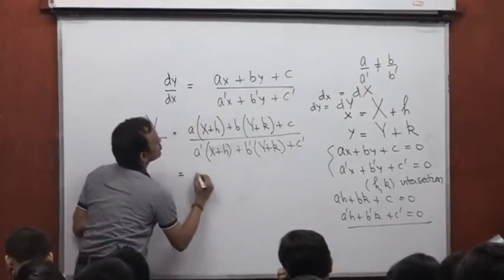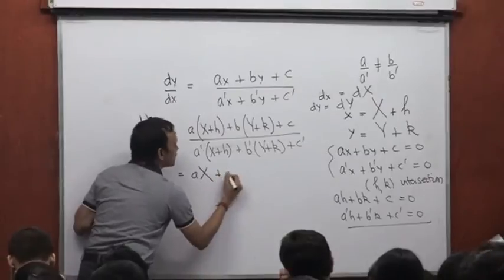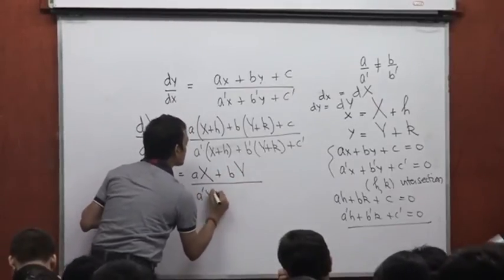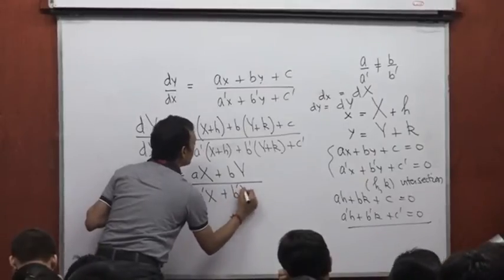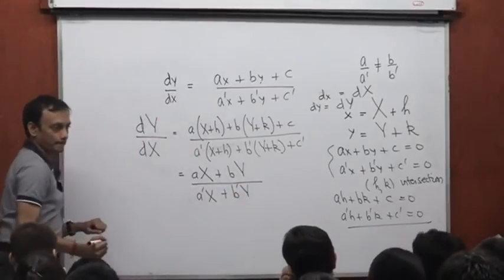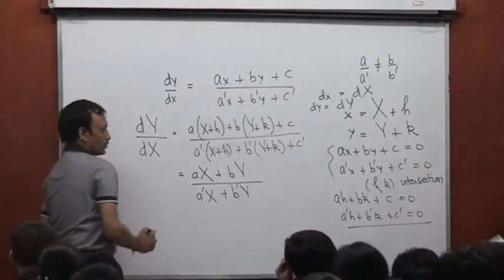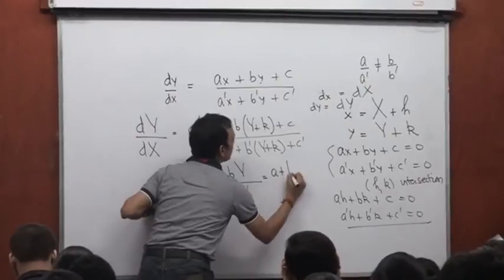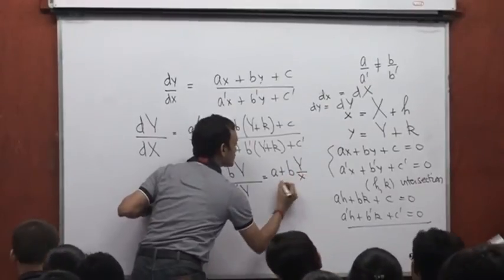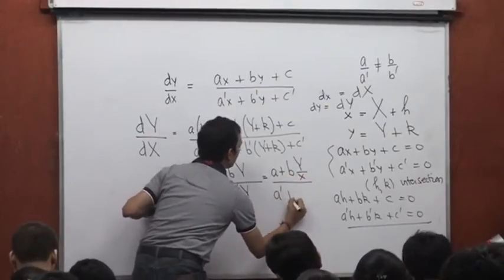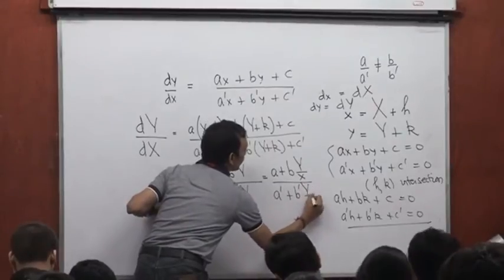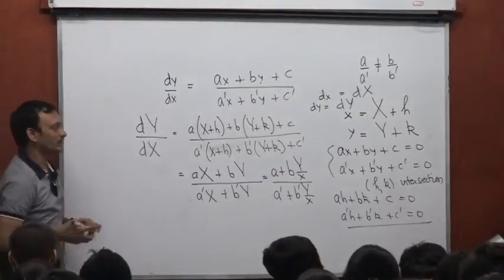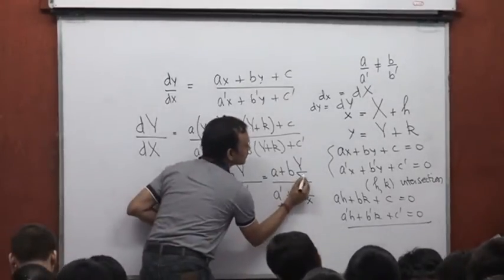So this reduces to aX + bY divided by a'X + b'Y. Now realize that this is a + b(Y/X) divided by a' + b'(Y/X). When I divide by capital X, this is what happens.